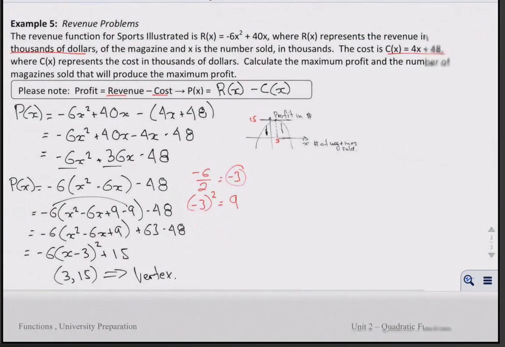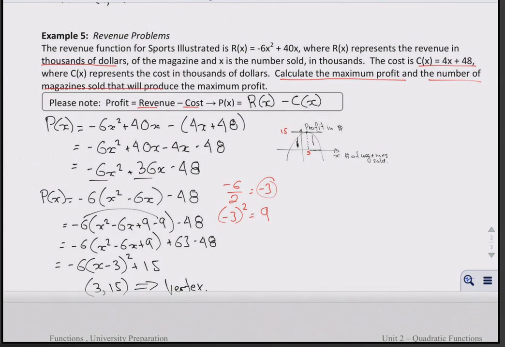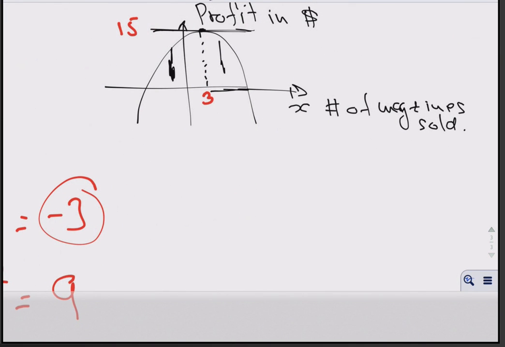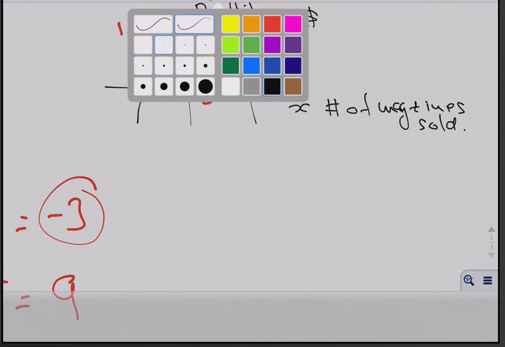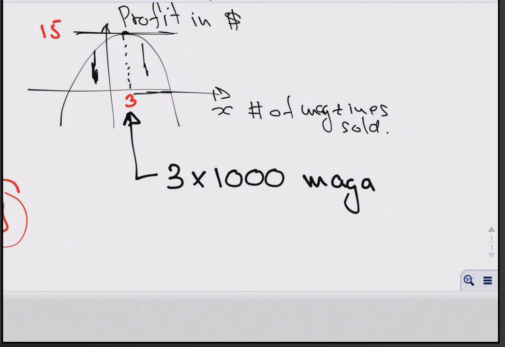So to answer the question, calculate the maximum profit and the number of magazines sold that will produce that profit. There's two questions here. Well, there's my answer in the vertex. So 3, remember this is in thousands, times 1,000 is 3,000 magazines.